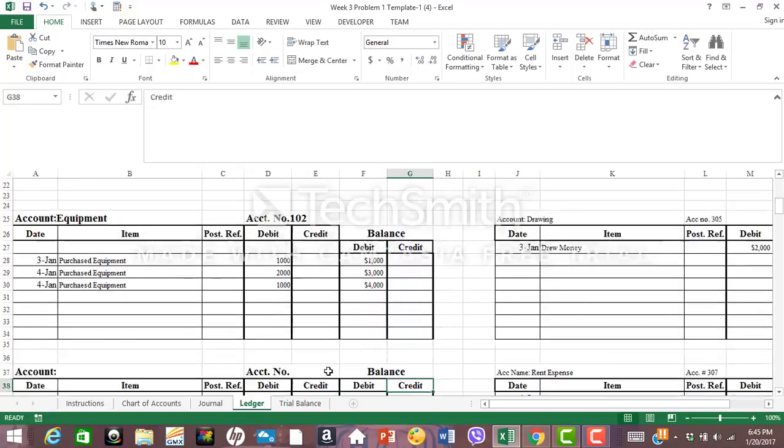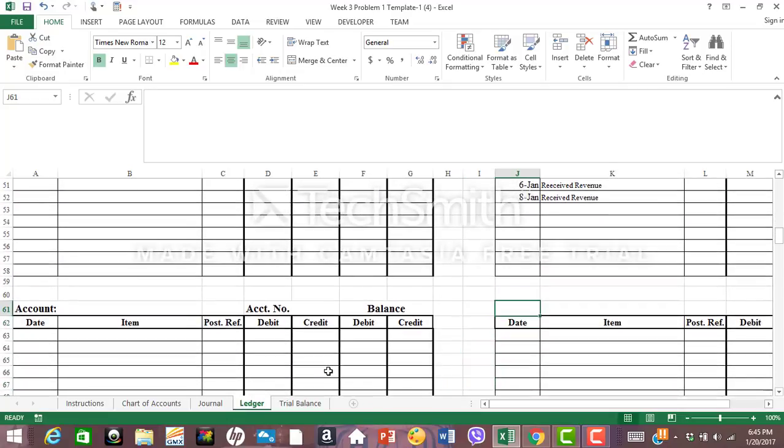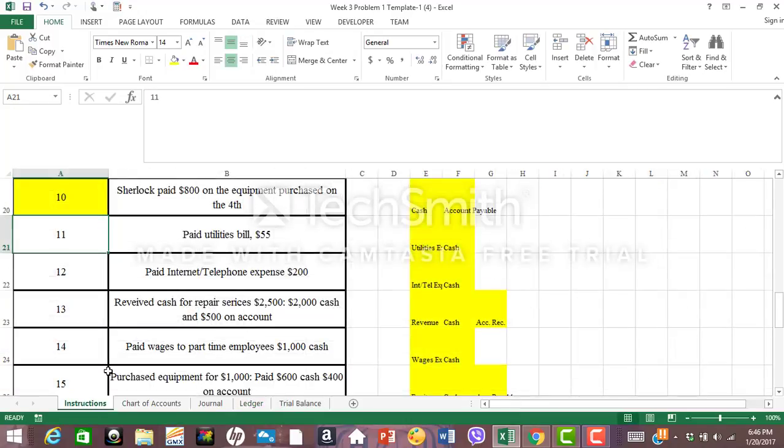And then we add another account, which is utilities expense. And it is 306. January 11th, paid utilities, debit 55. All right, excellent.